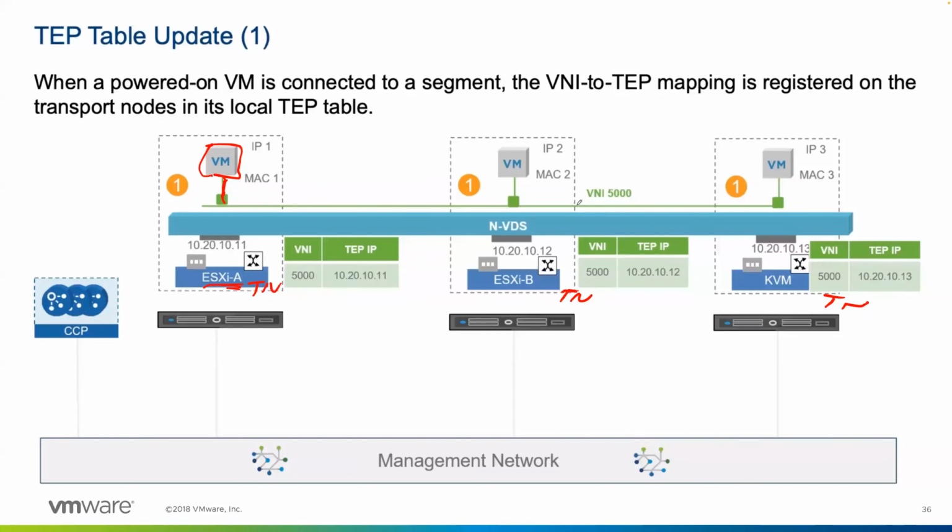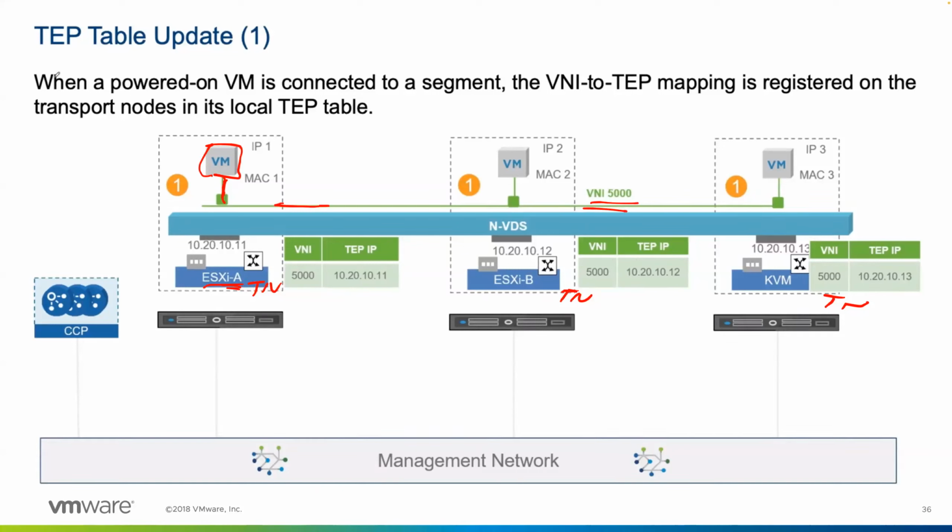For example, there's a green segment with the VNI number 5000. This VM is attached to the VNI 5000 segment, which is colored green. That means we have to create some tables for the whole system to run.